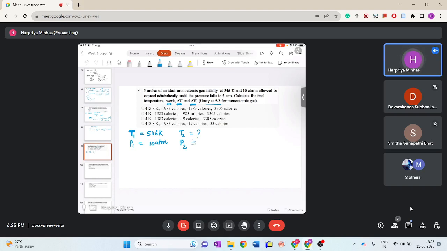No, pressure is given, that is 5 atm. So which formula will we use to find T2? In the last slide we discussed the equations which are used for adiabatic systems.